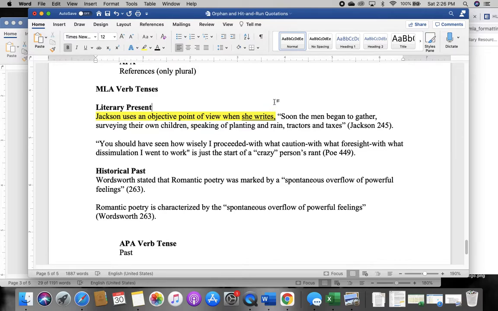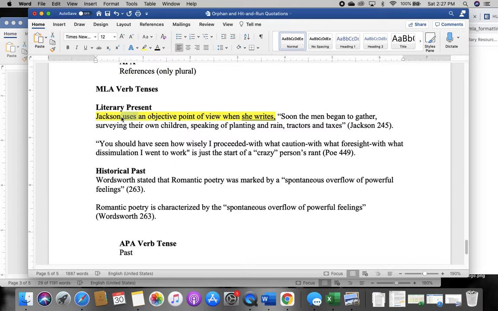Now, I did say before that we don't like to conflate the author with the narrator, but that's not what the student is doing in this case, because here they are speaking very explicitly about a literary technique that Jackson chose to do, which is using an objective point of view. And then they're providing an example of an objective point of view. So it's okay that this person is saying Jackson uses an objective point of view.